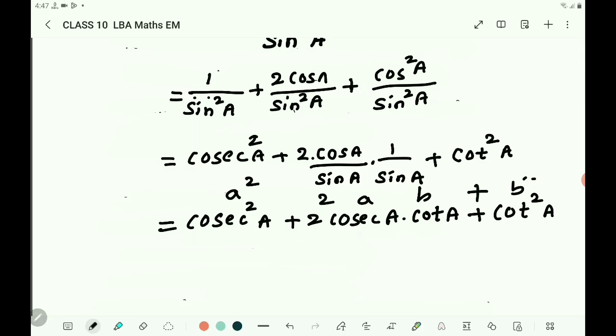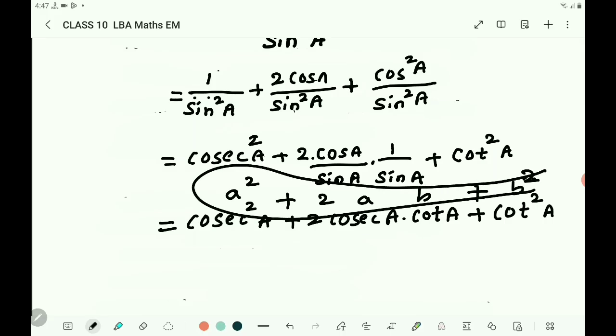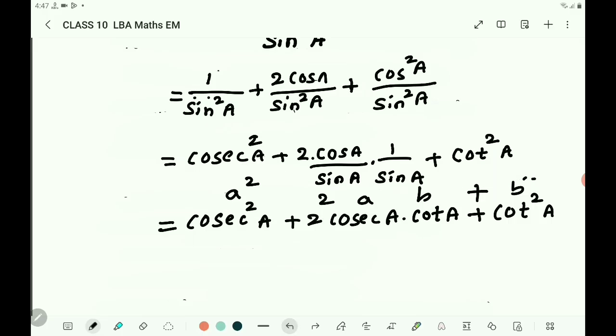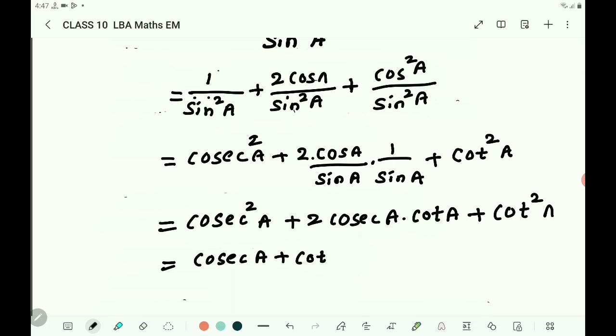You got the expression in the form a square plus 2ab plus b square. That is the expansion of a plus b the whole square, in the place of a cosec, in the place of b cot. So it is the expansion of what? Cosec A plus cot A whole square.